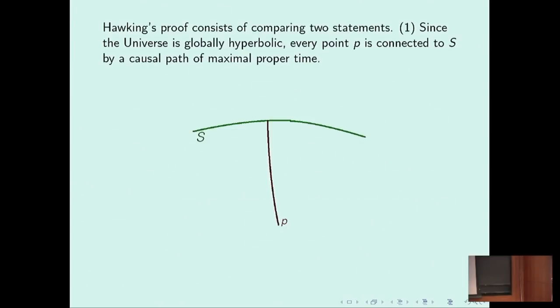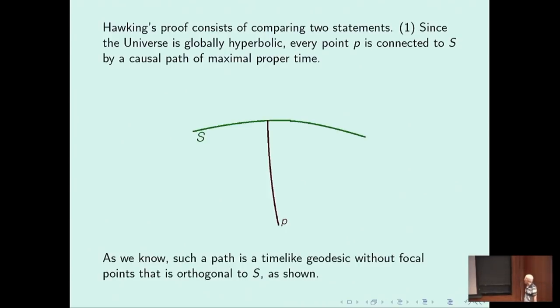So the proof of Hawking's theorem consists of comparing two statements. Since the universe is globally hyperbolic, every point p in general is connected to S by a causal path of maximal proper time. As we know, such a path is a time-like geodesic without focal points, and it's orthogonal to S as shown.